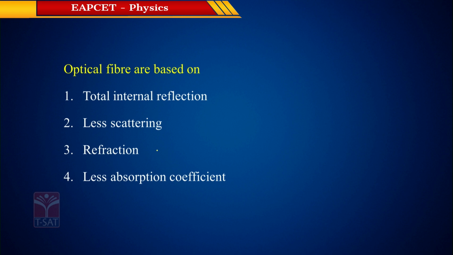Here light rays are traveling from denser media to the rarer media. If the incident angle is greater than the critical angle, light rays are internally reflected. Therefore, the first option is correct. That is the answer.